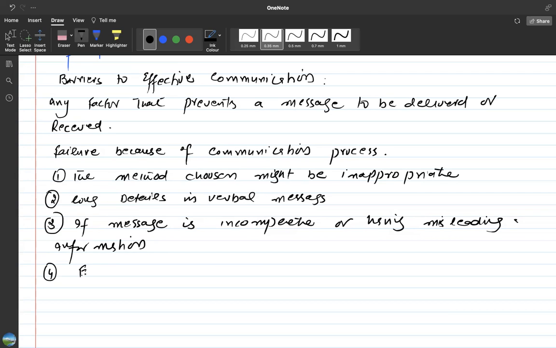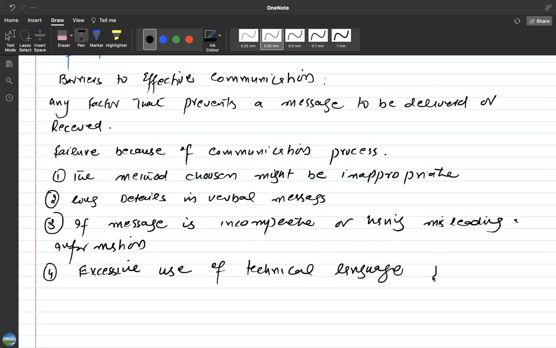Excessive use of technical language, for example usage of too many jargons. Jargons are the technical words related to any field.